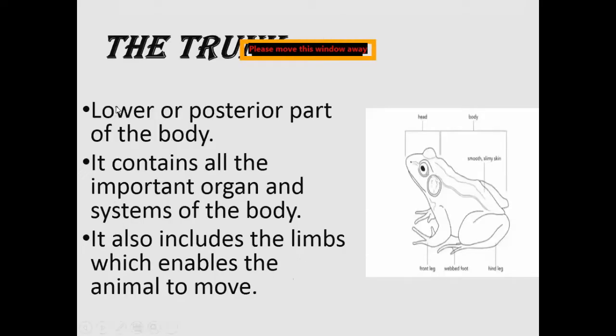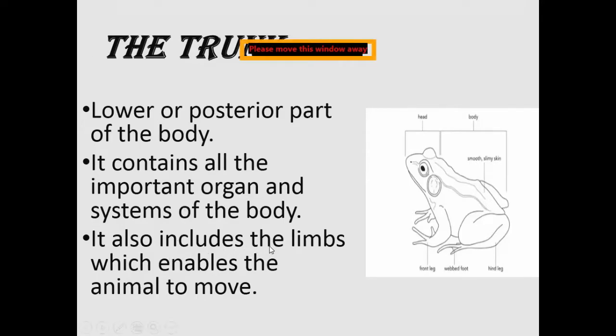Now the trunk. The second one is the trunk. The trunk is the lower or posterior part of the body. It contains all important organs and systems of the body. The head contains the mouth, sensory organs, and brain, but the rest of the system organs are present in the trunk.